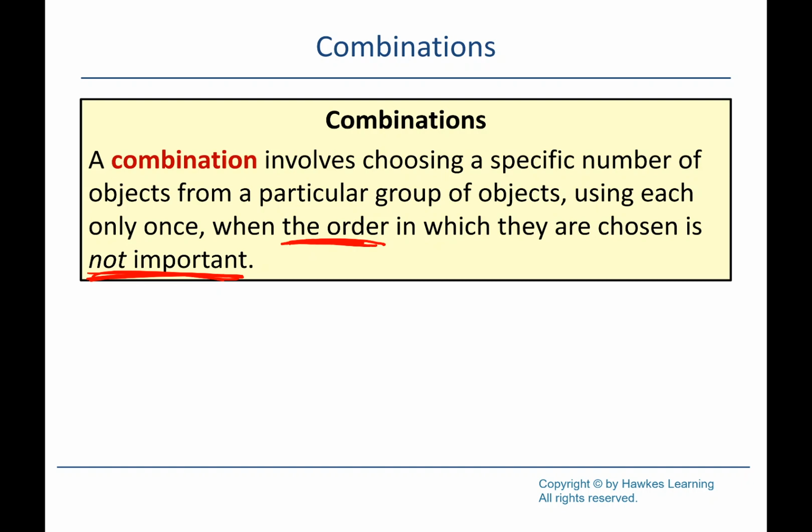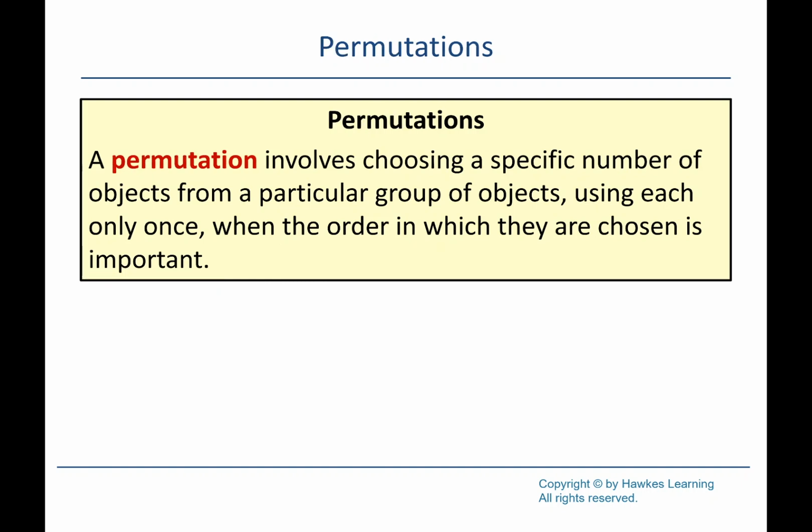The other one, same idea. If you're missing some of the verbiage here, we're okay. On the other one, we're dealing with permutations. So we're still choosing a number of objects from a group of objects. But the difference between the two is that with permutations, the order does matter.